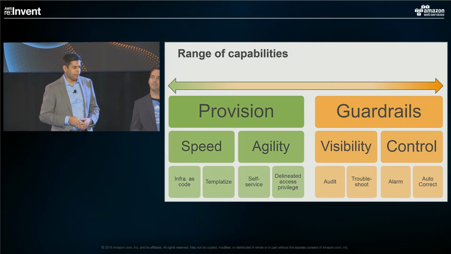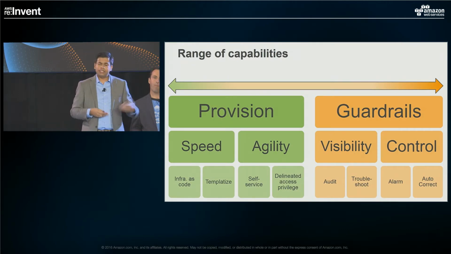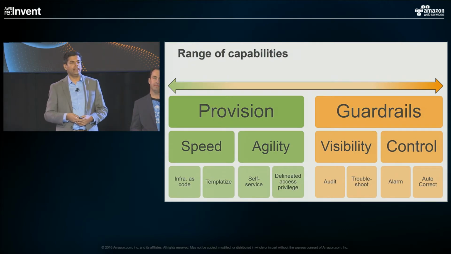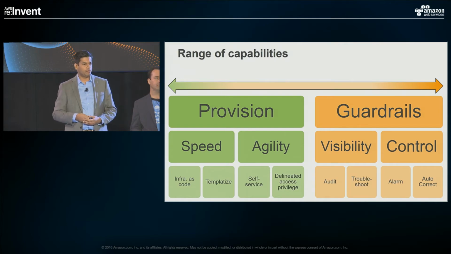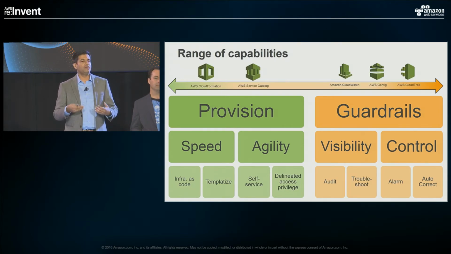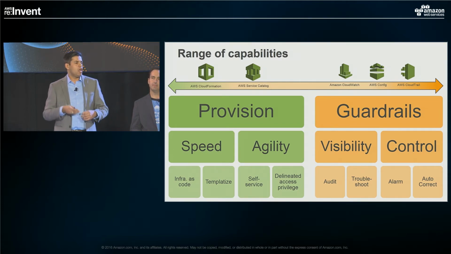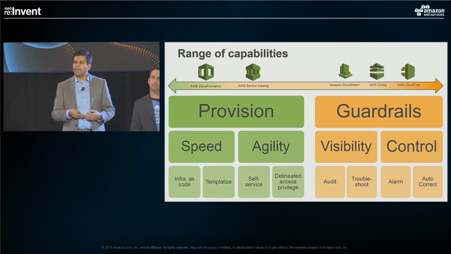So let's get started. These services provide Adam a range of capabilities. With CloudFormation, Adam gets to represent his infrastructure as code, and that enables him to provision his infrastructure with speed and with agility. Service Catalog extends that and enables Adam to provide self-serve capabilities to Daisy.